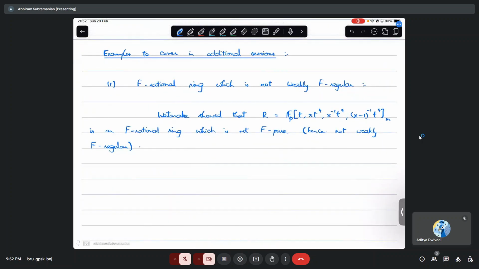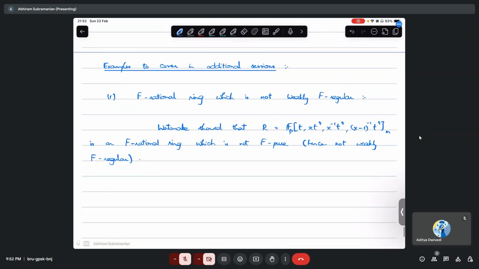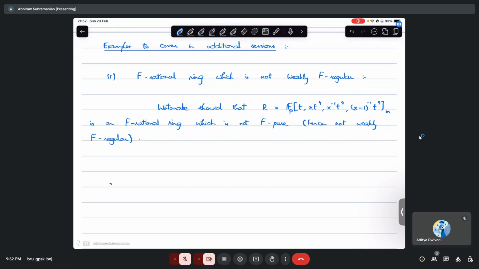Okay, and that is one example which will be interesting. The second example is of course an F-pure ring which is not F-split, shown by that split thing, with an example which will be interesting.